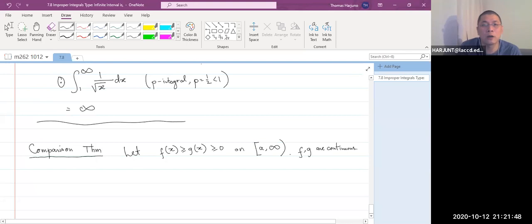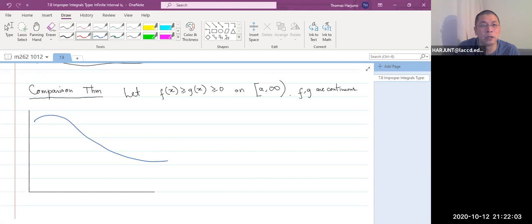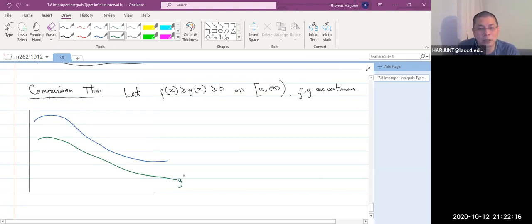So imagine the graph as the following. So let me use f to be the greater function. The f function is greater, and then the g is less than that. Smaller. Okay, this is my g(x). This is my f(x). Starting from a.